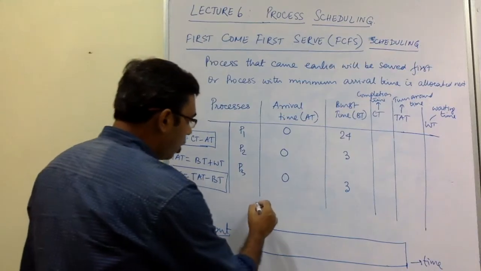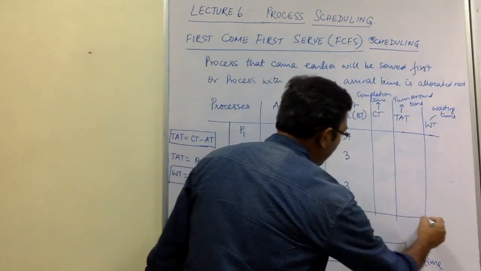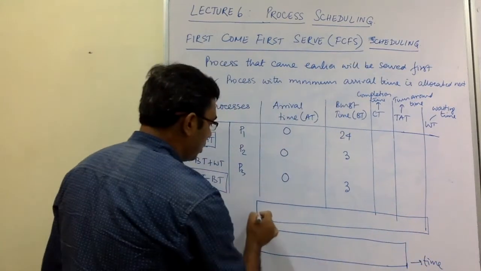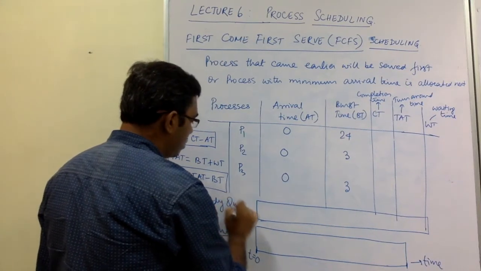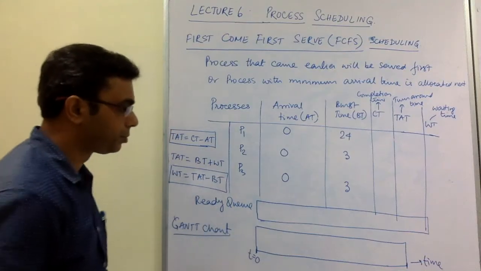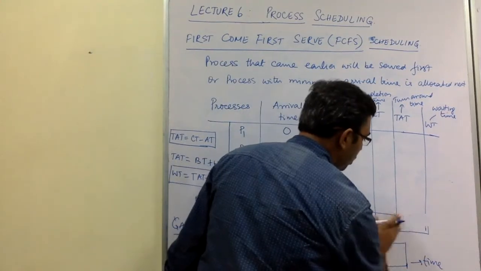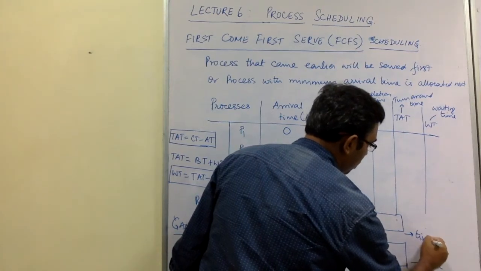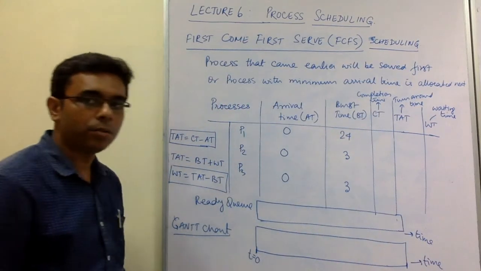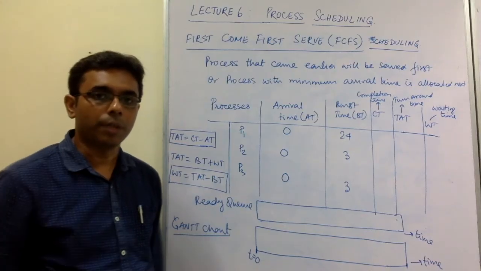And on top of that, I will be representing the status of my ready queue. So this is also time. Let me show you the contents of the ready queue vis-a-vis the scheduling.